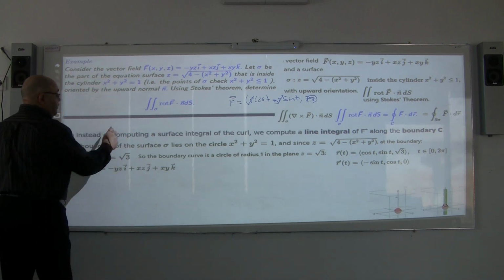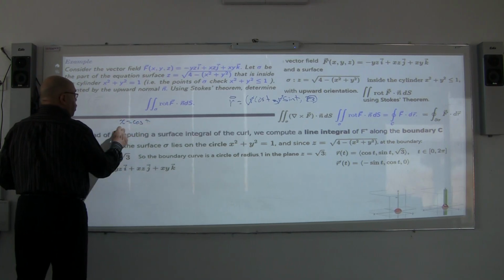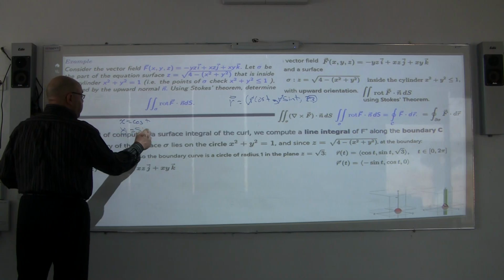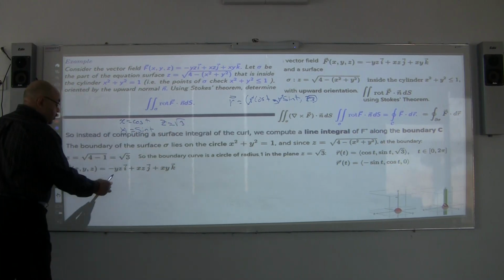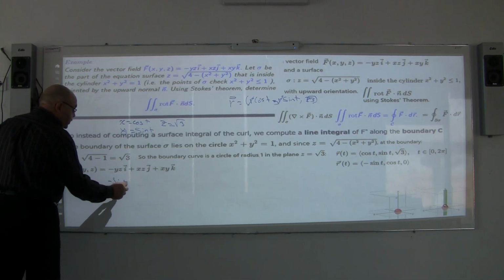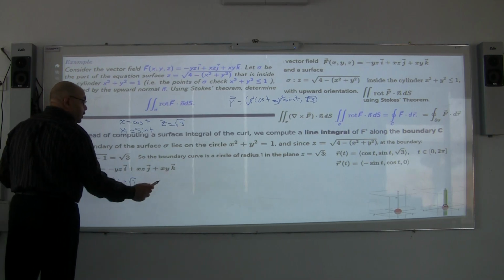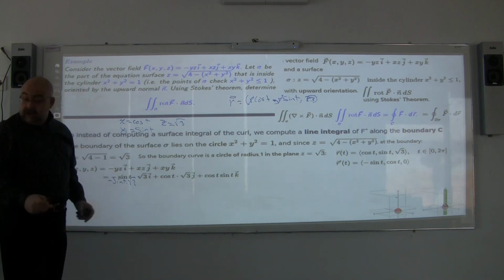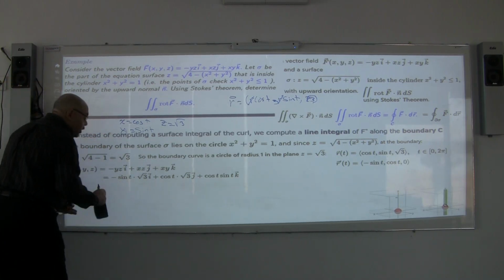So every x will be changed to cos t, every y will be changed to sine t, and z will be root 3. So mainly the first component is going to be minus sine t times z, which is root 3, and so on. After we make this substitution, that's the value that we are talking about.